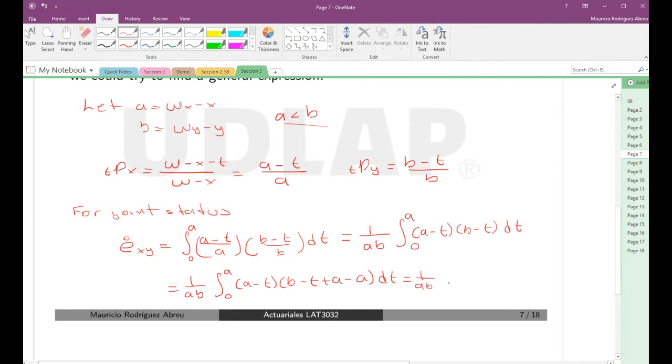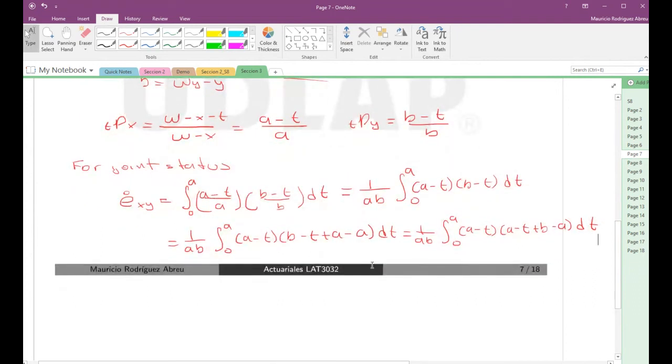I'm not going to skip any steps. So I'm just rearranging everything inside the second parentheses.